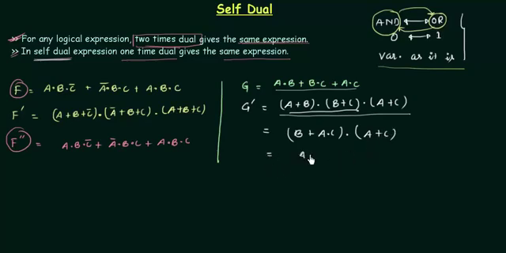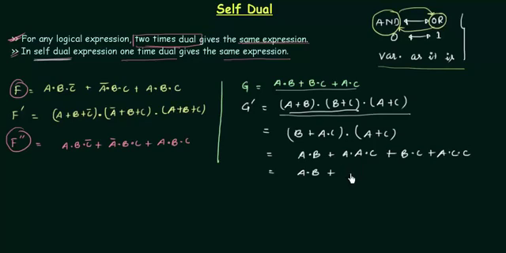A and B I have, A and C I have, B and C or A and C or C. I have just opened the bracket and I have this result. We will further minimize it.